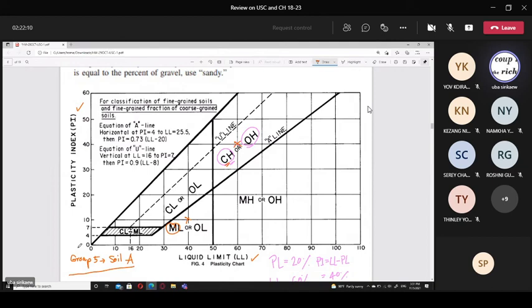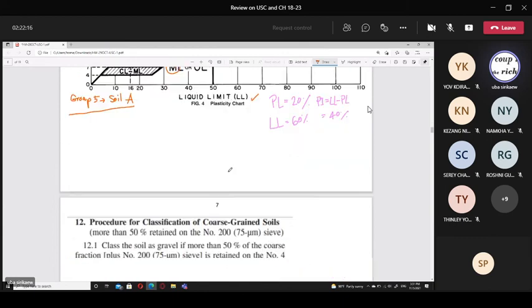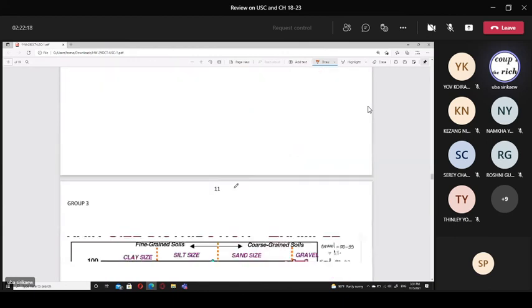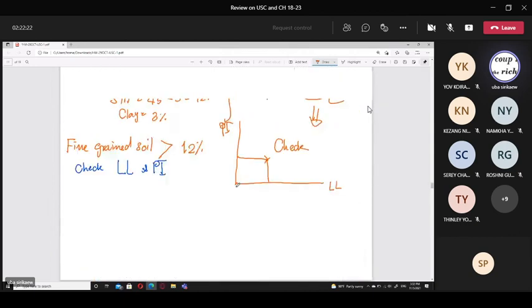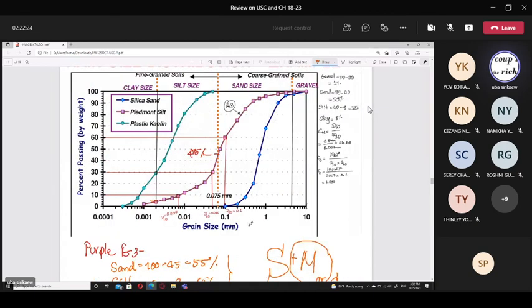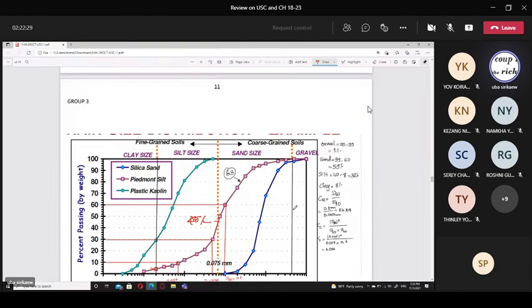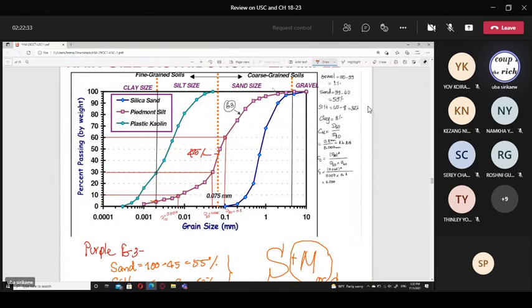Okay. Group number 3, already you have to check again. Okay. Then the last one of group number 3. For this part, group number 3, you take a look first at the sieve number 200. This is 200 sieve.